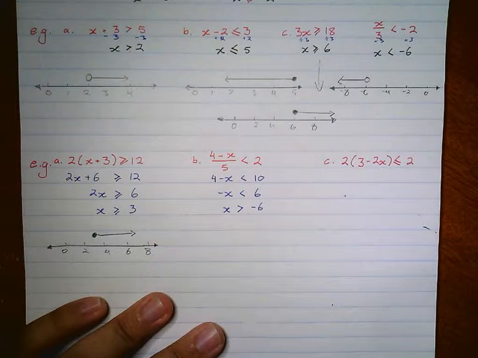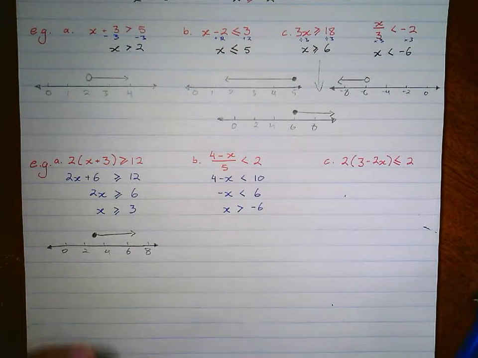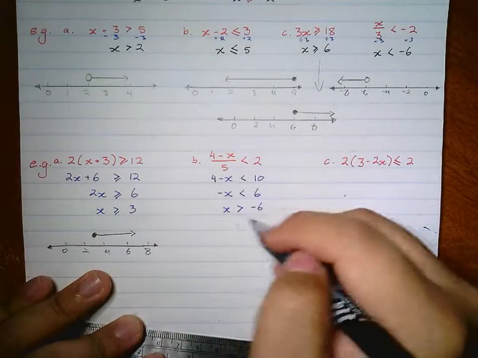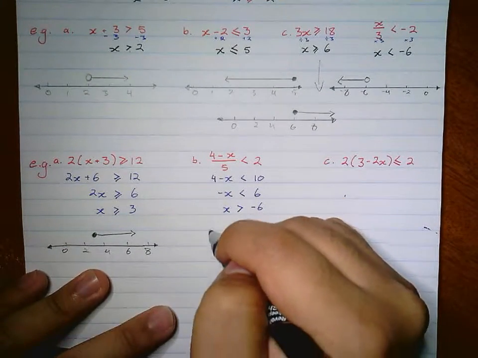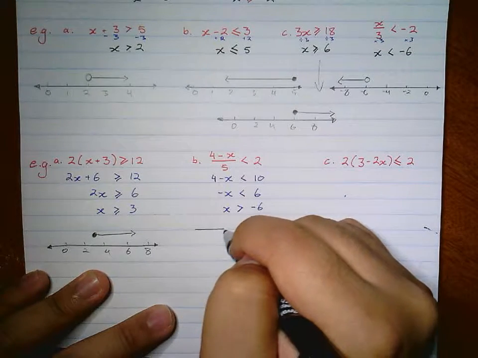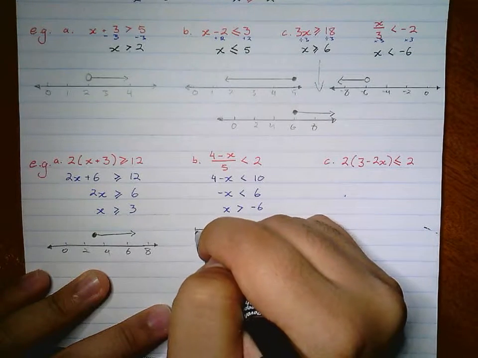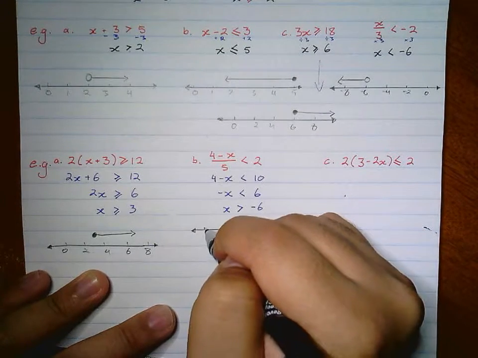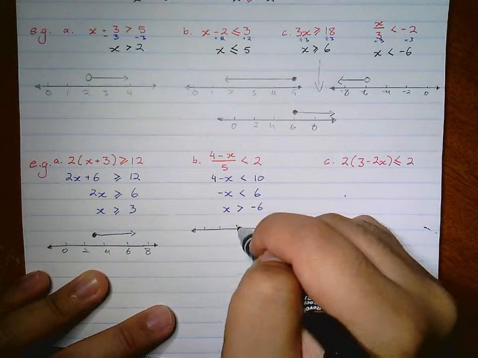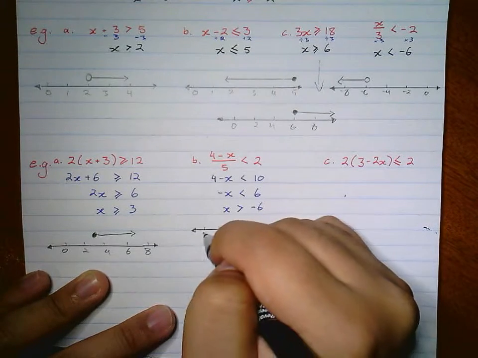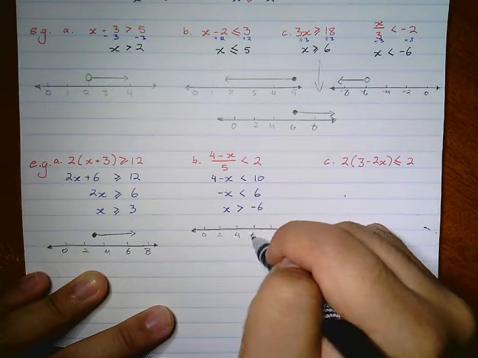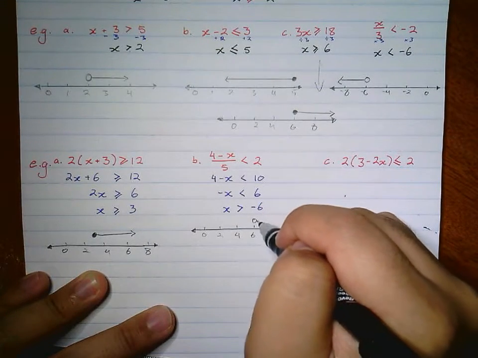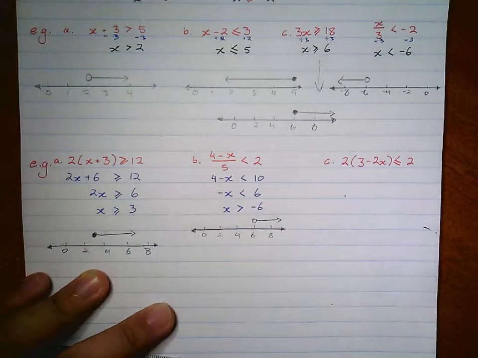I will explain in another video why we do that, but for now, please just accept that that's how it must happen. So we'll go once again, very quick sketch. 0, 2, 4, 6, 8. And then this one here is going to be an open dot to the right.